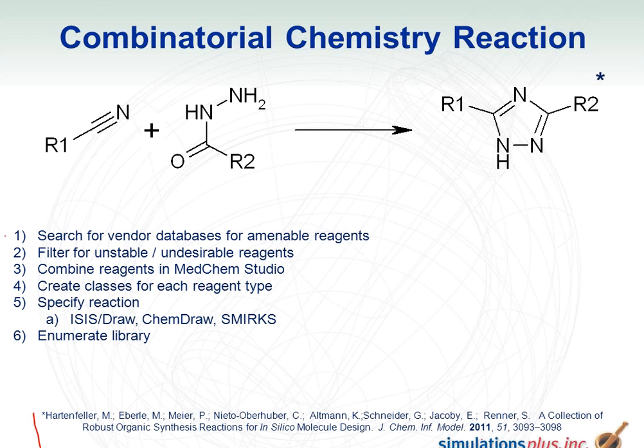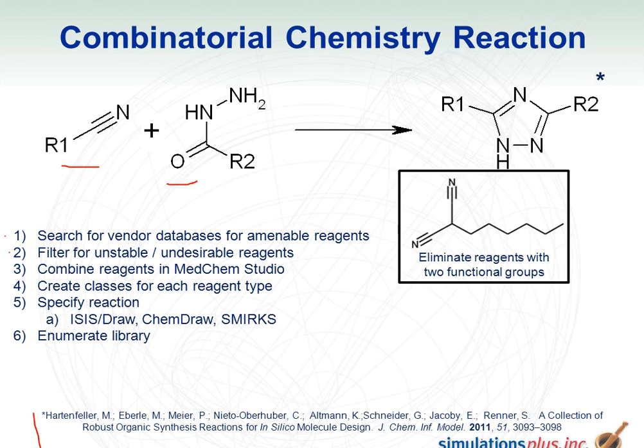The first item in the process is to search vendor databases for amenable reagents. For example, you want to find nitriles and these acyl hydrazine compounds. Once you perform the searches for these reagents, you want to look over that list and filter for unstable or undesirable reagents.